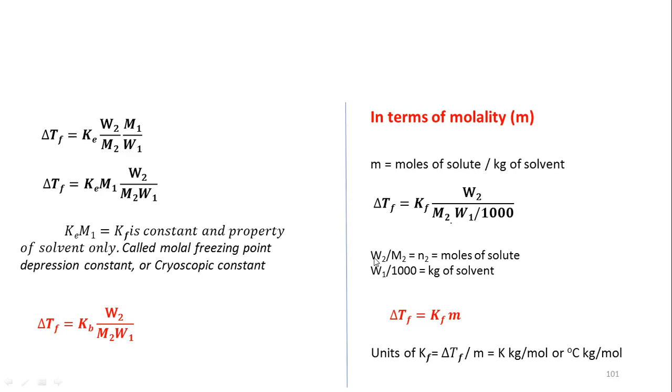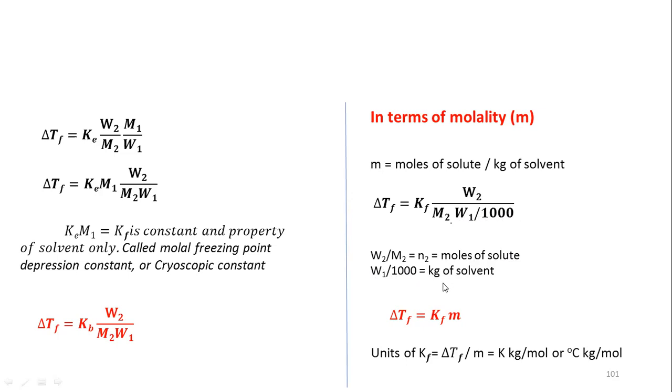W2 over M2, given mass of the solute divided by the molecular mass of the solute, these are the moles of the solute. So to convert the mass of the solvent to kilogram, you have to divide by 1000. So W1 over 1000 is the kilogram of the solvent.